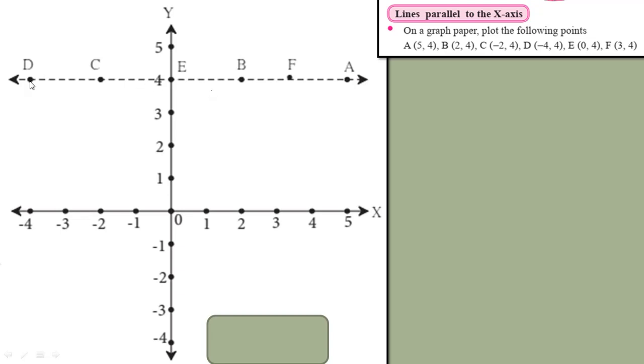This is the y coordinate of the points. All the points present on this line may be in the first quadrant or second quadrant, as 4 is the common y coordinate for all. So we have drawn one line parallel to the x-axis at 4 units on the y-axis.